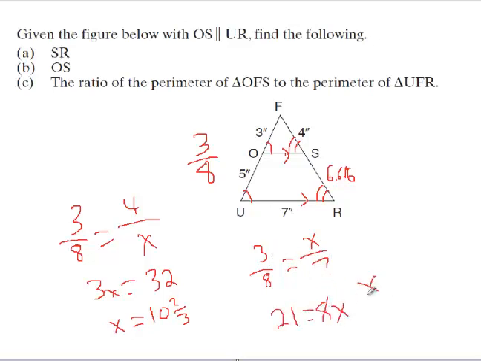And so we divide each side by 8, and that gives you 2 5/8, or 2.625. Again, all I did was divide this by 8 and that by 8. Okay. And then for the perimeter, the perimeter is going to be the same ratio by definition. The perimeter also has to have a 3 to 8 ratio.